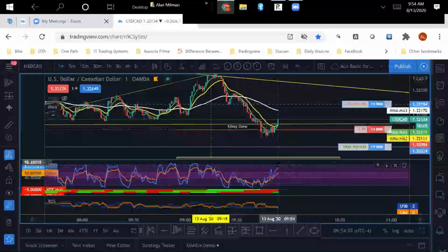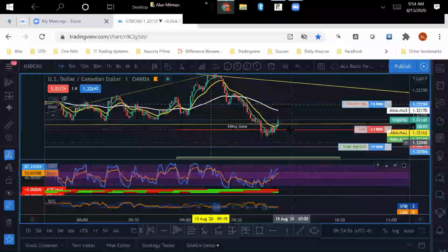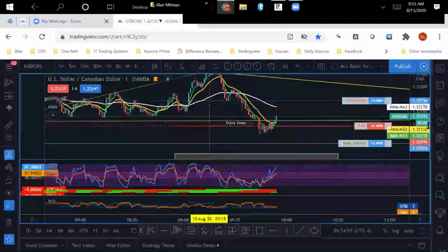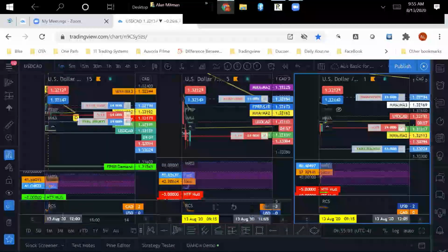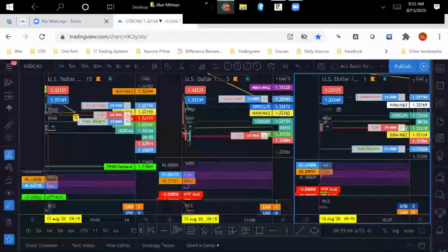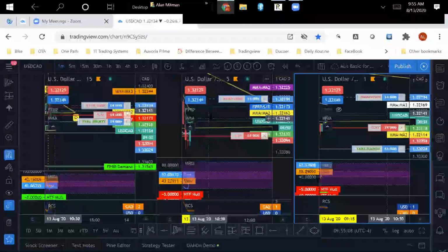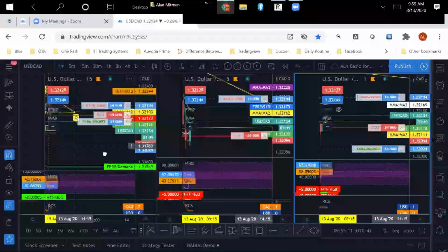This thing's coming up. If we get a nice little hook here with red bars, we may still be good to go. And I would just say this was a pullback. Looking at the different time frames, the Canadian dollar is still showing strength to the dollar, although not by a lot, with this little pullback.